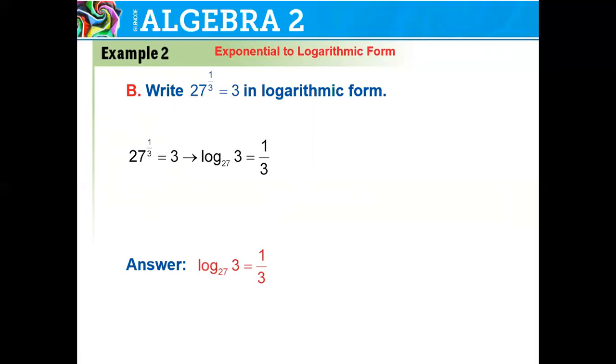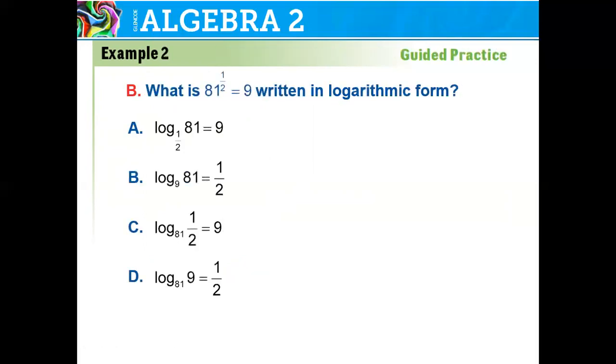This is my answer. And here again, there is another example where we need to write it in terms of the logarithmic form. By applying the same technique we've discussed in the previous two examples, we will find that our answer is D.